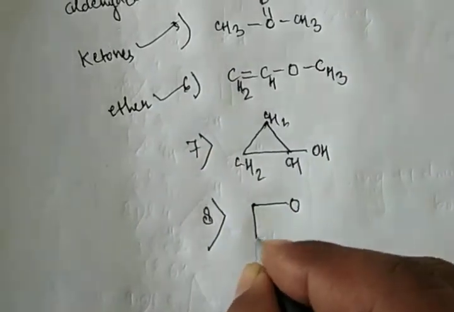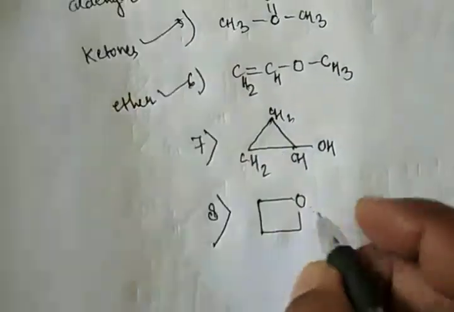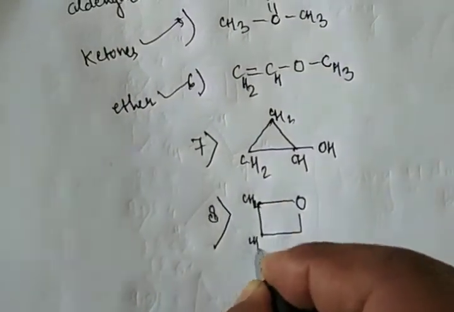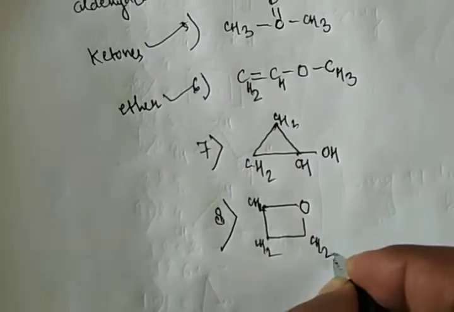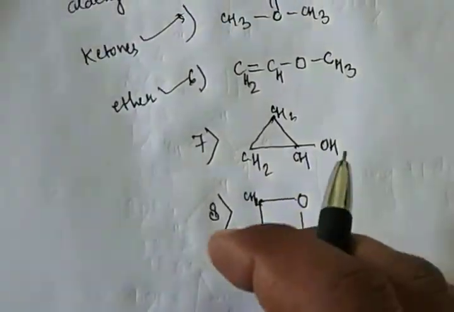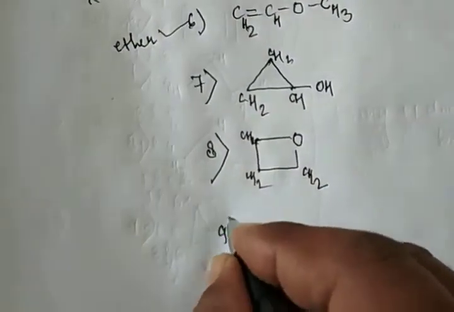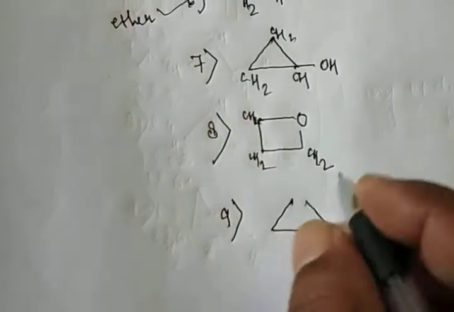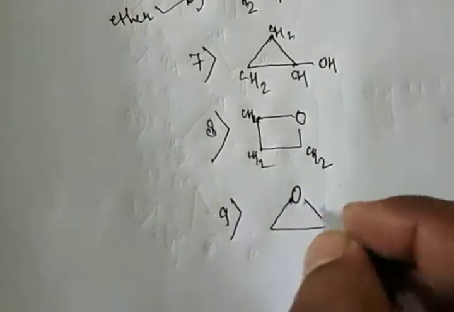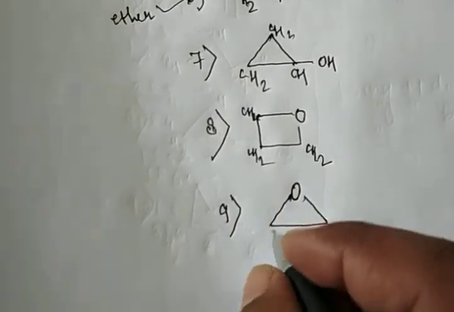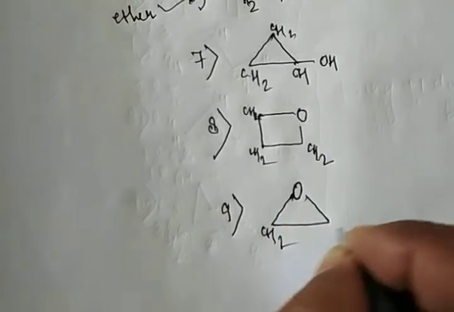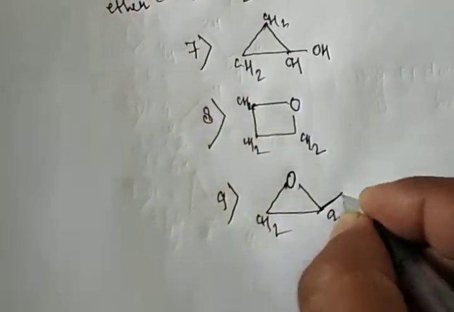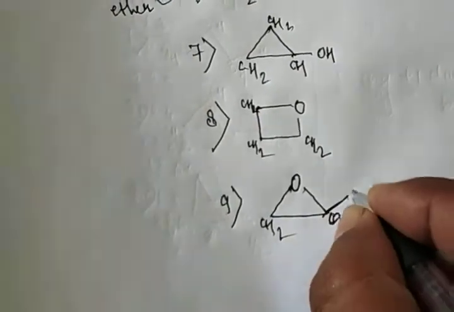just count how many carbon, how many hydrogen. There is 1 oxygen, a CH2, a CH2, a CH2. Clear? Just count 3 carbon, 6 hydrogen and 1 oxygen. And the next one, this is 1 oxygen. There is a CH and a CH3.